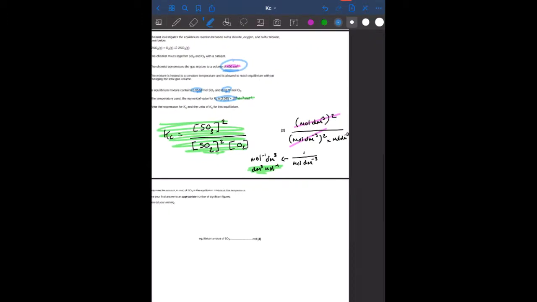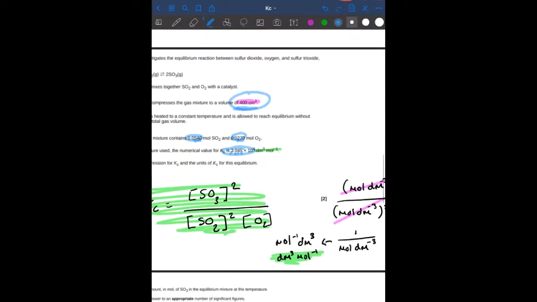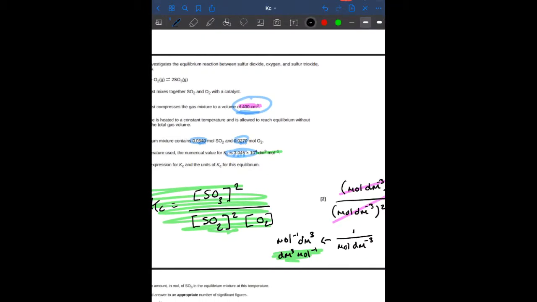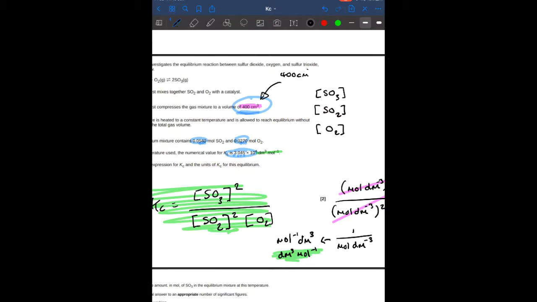So let's work at the top here while we've got all the data. We need to know the concentration of SO3, the concentration of SO2 and concentration of O2. And significantly here, we've got 400 centimeters cubed, or we can convert that to 0.4 decimeters cubed by dividing by 1,000.